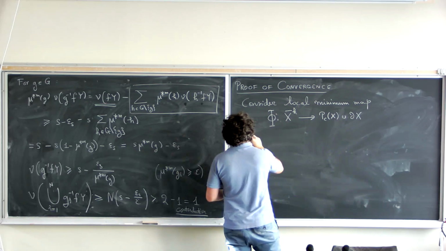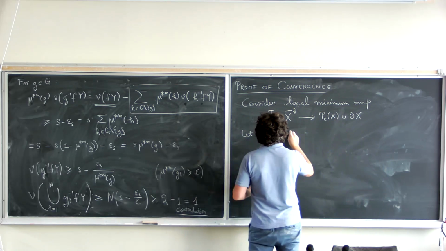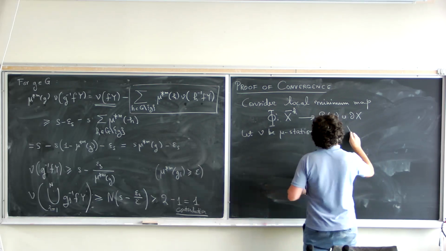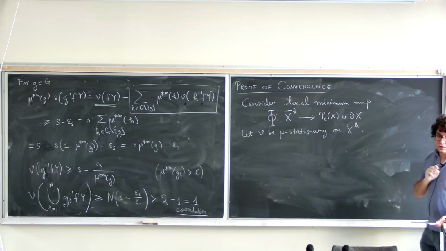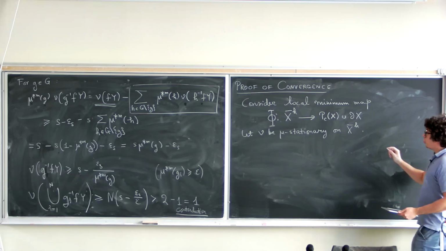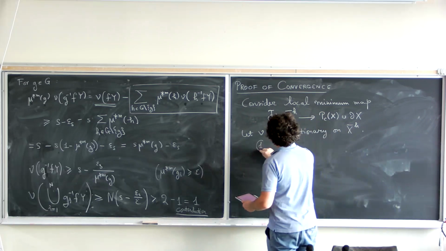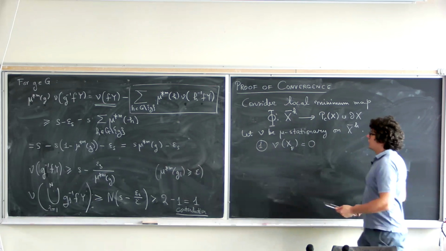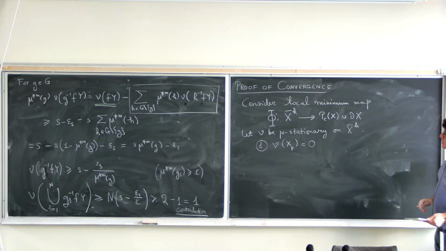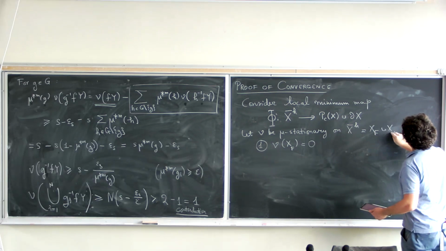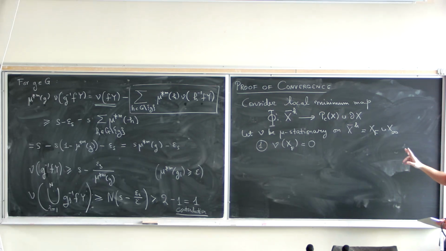Let nu be stationary on X bar h. What we proved first of all is that nu of X_F, the finite ones, is 0. Recall that X_h is X_F union X infinity. So the measure actually happens to be supported on the infinite part.